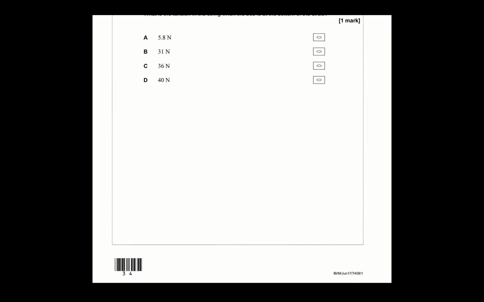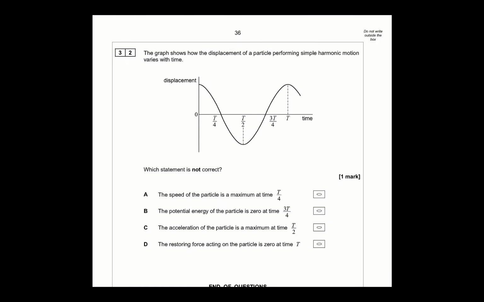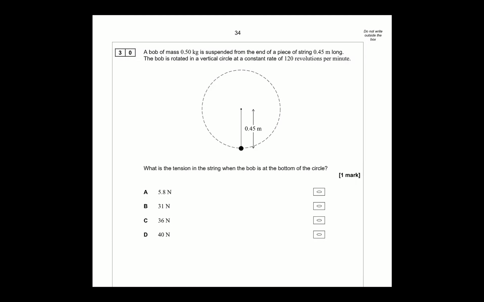Okay, 30. Am I almost done? Close. Okay, so 30. A bob of mass 0.5 kilograms suspended from the end of a piece of string is rotating at a constant rate of 120 RPM. What is the tension in the string at the bottom of the circle? So, tension is going to be weight plus Fc.